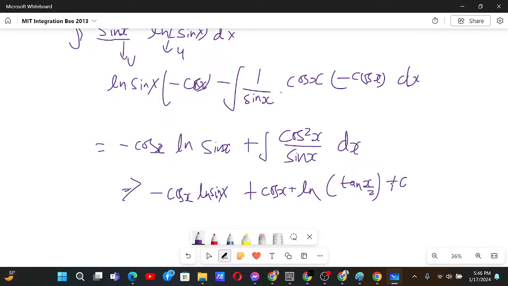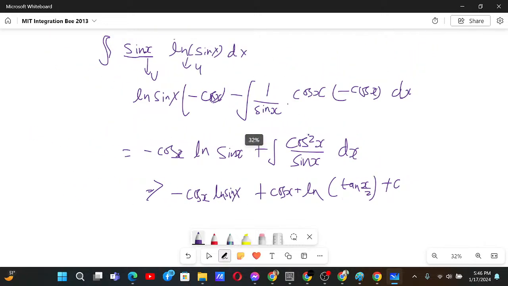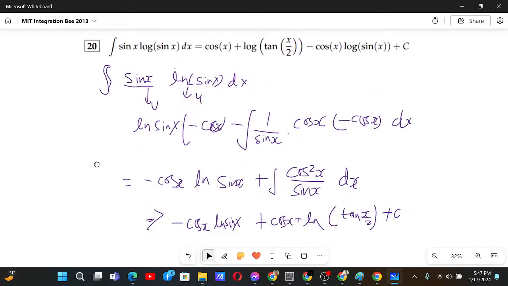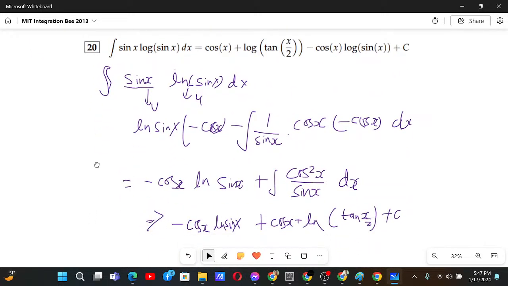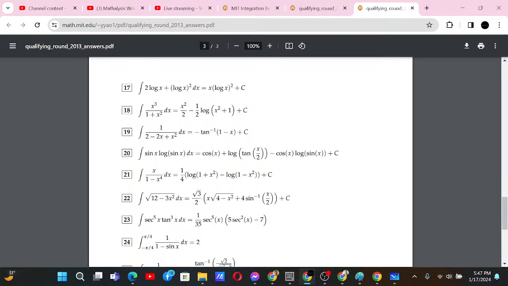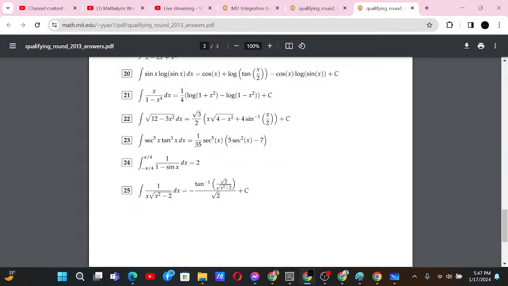That's the answer. Let me check the answer: cos x plus ln tan x by 2 minus cos x ln sin x. Yeah, that's the answer. Let's go to the next problem. 21.